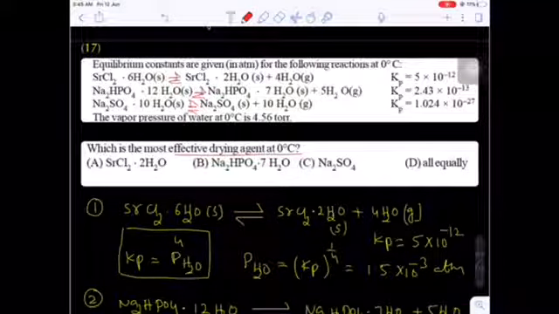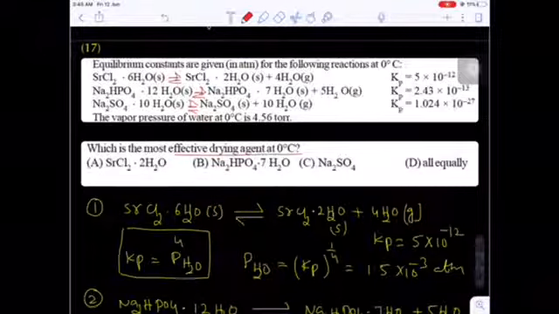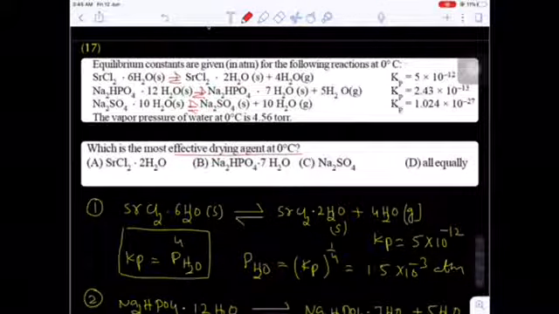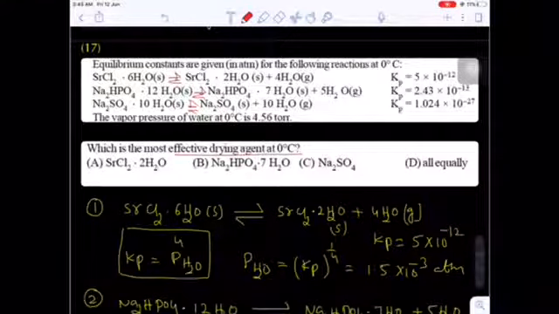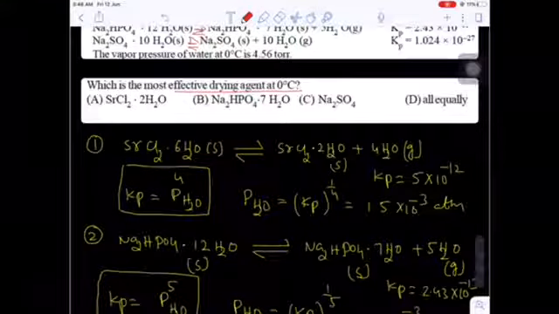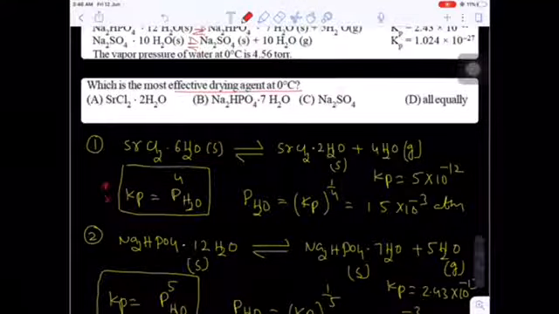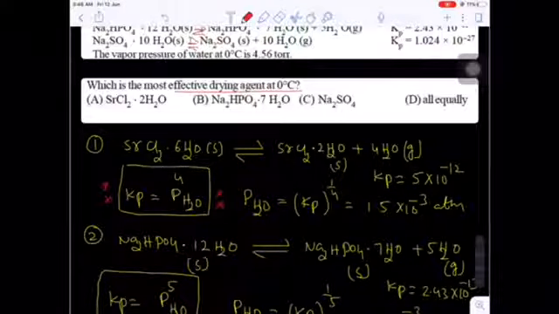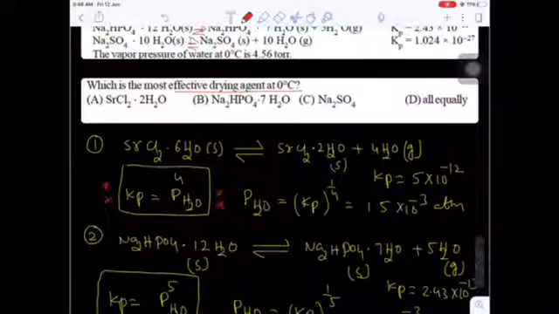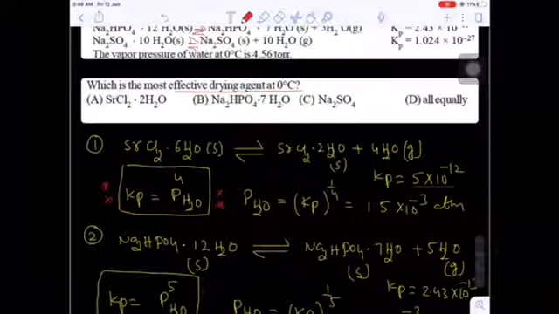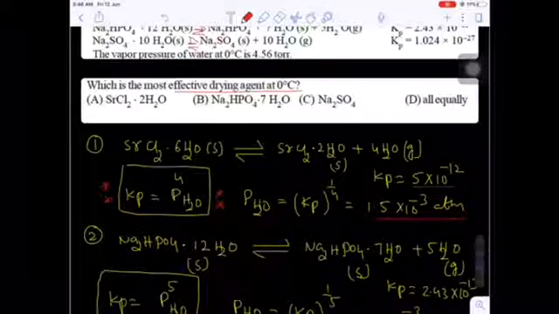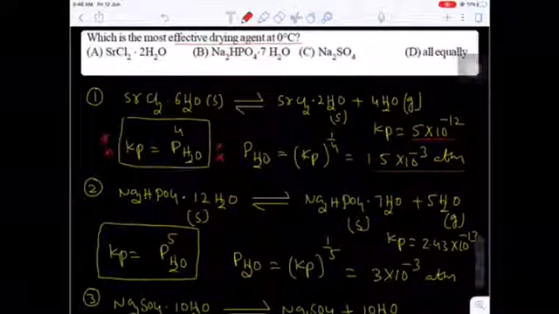Now here the first equation given is SrCl2 dot 6H2O solid giving SrCl2 2H2O and 4H2O gas. Remember, only 4H2O is gas, the remaining are solids. So in the Kp expression we can directly write Kp is equal to partial pressure of water to the power 4, or partial pressure of H2O is equal to Kp to the power 1/4. Here from the Kp expression we can find the partial pressure of water.